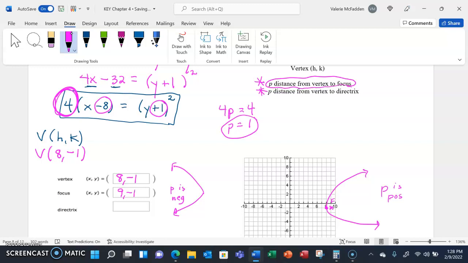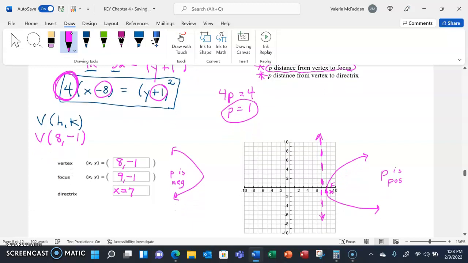And our directrix is on the other side of our vertex, also p units away. So 1 unit away, we have the directrix on the other side, and it looks like that. That would be x equals 7. If you don't put x equals, he'll mark it wrong. It's got to be x equals.